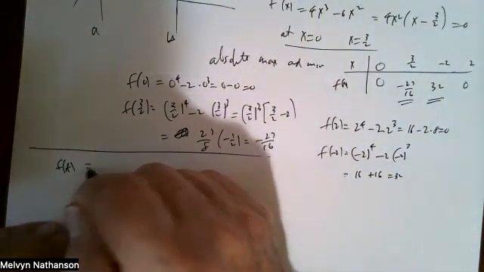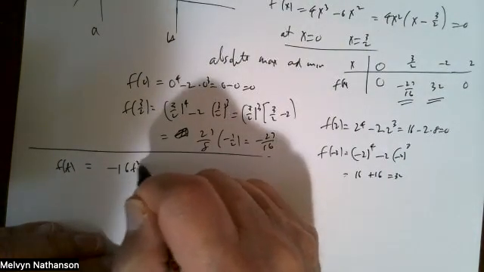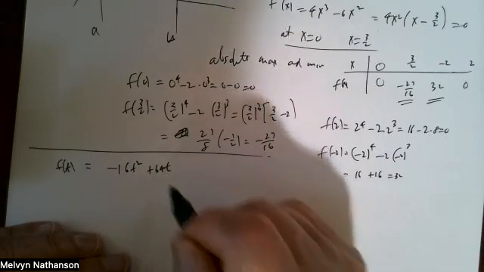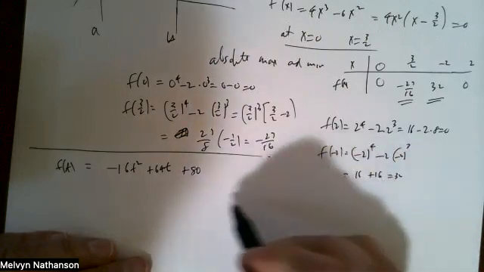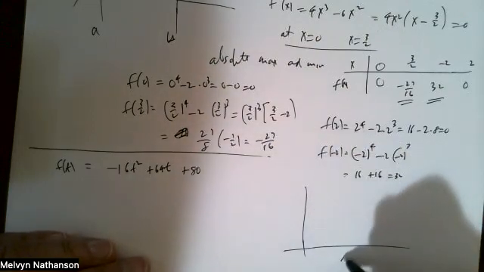And f of t is given by the equation minus 16t squared plus 64t plus 80. So we're tracking a particle as a function of time.